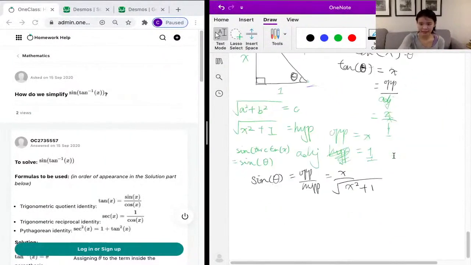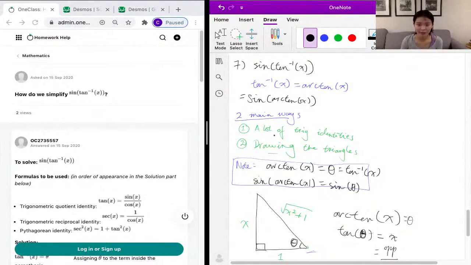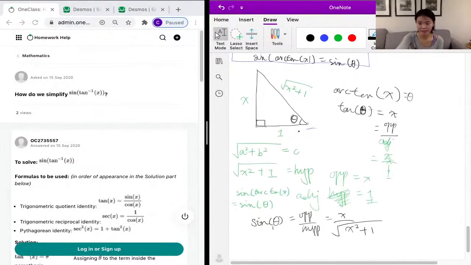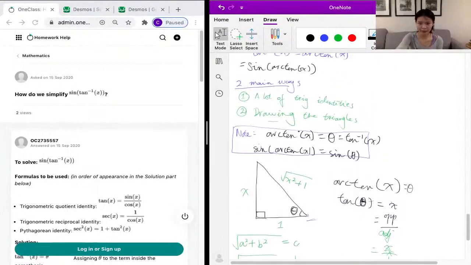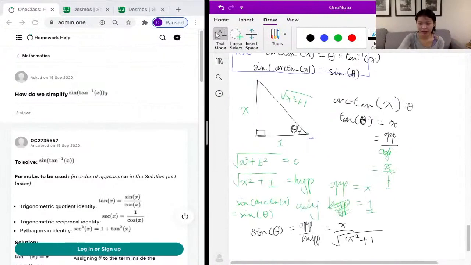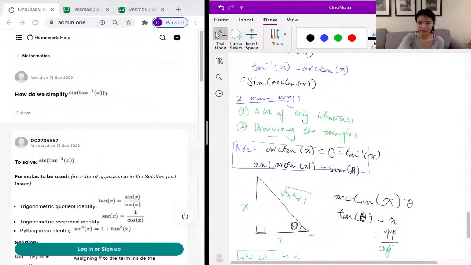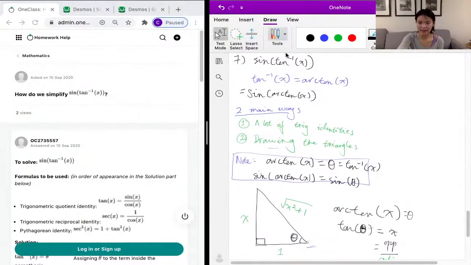That is a long solution, but I guarantee it's easier, more straightforward, and makes much more sense compared to using a lot of trig identities. Let's do a quick recap. First, the arctangent of x, or the inverse tan of x, is an angle.